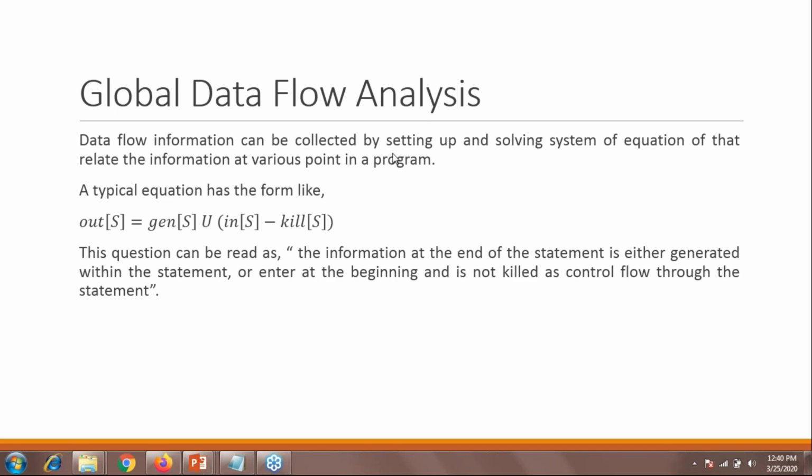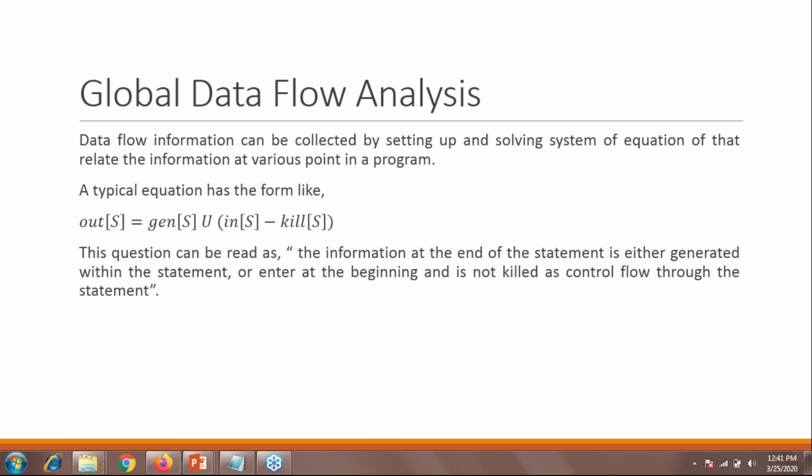That type of processes and equations will be set by our compiler by itself: how many processes or sentences I'm going to eliminate, how many processes I'm going to generate one by one, which process will complete first, and which will complete second. Your compiler is going to set that type of equation by itself.